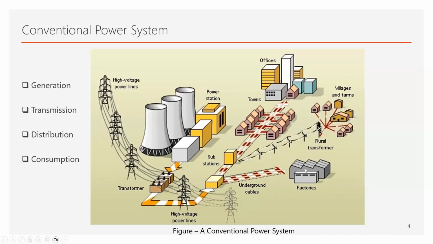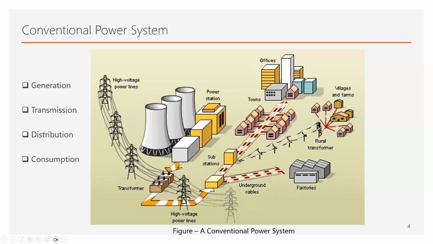So for factories or offices, commercial spaces, the required power is quite different than residential or rural areas. So depending on the load profile or load requirement, the distribution will be different as well.